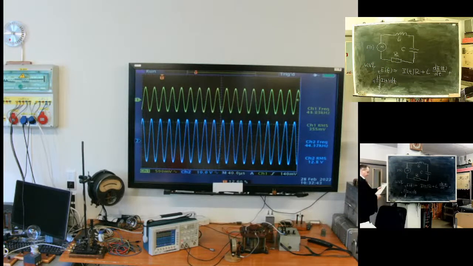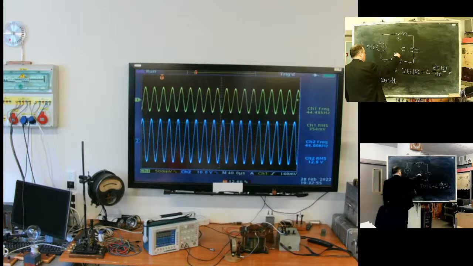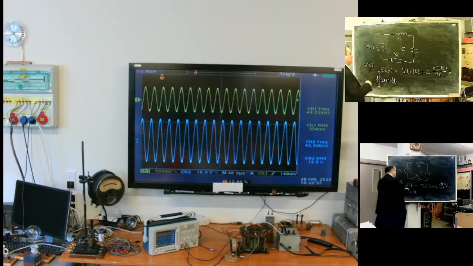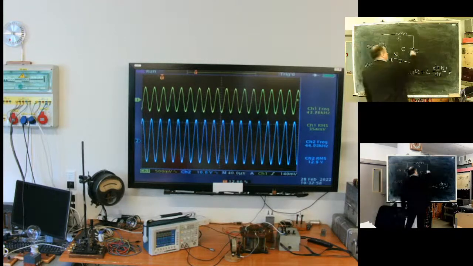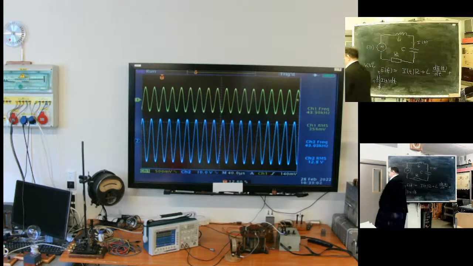Here it is, the Kirchhoff voltage law for this circuit, assuming that some current flows.